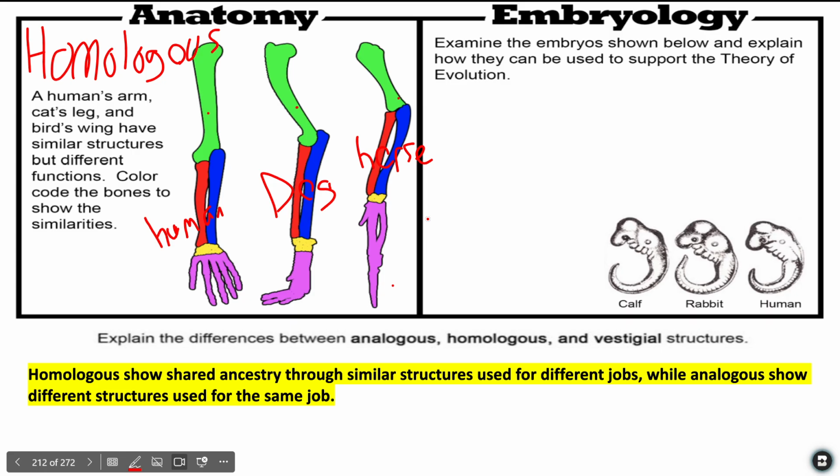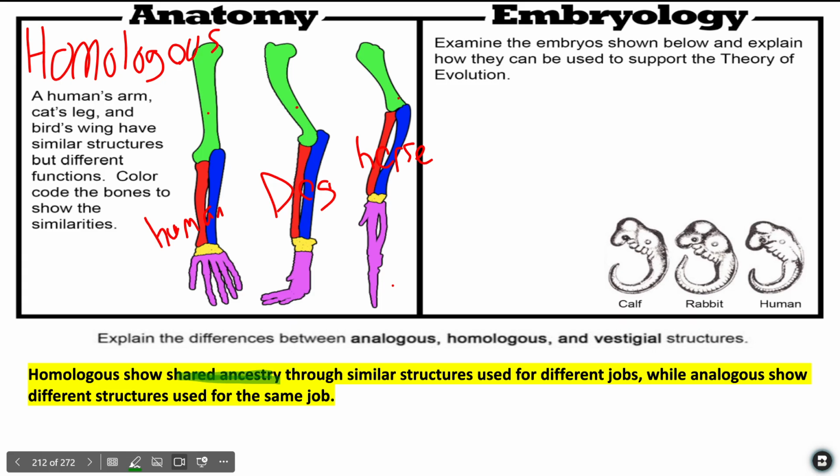We say similar structures because we see that the same colors are used in each example. So similar structures, but we know each one of these arms are used for something different. That's hence the different jobs. But because they share these similar structures, we say that there is shared ancestry here, meaning common ancestor.